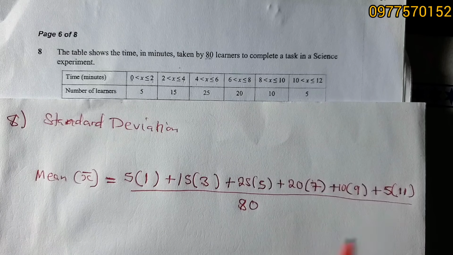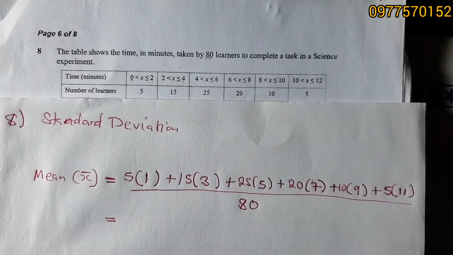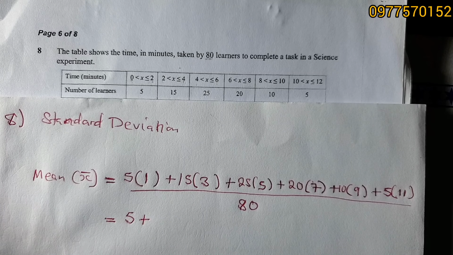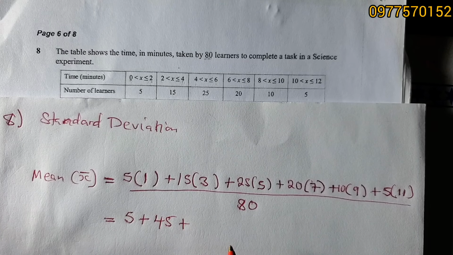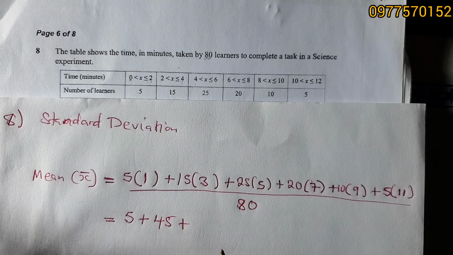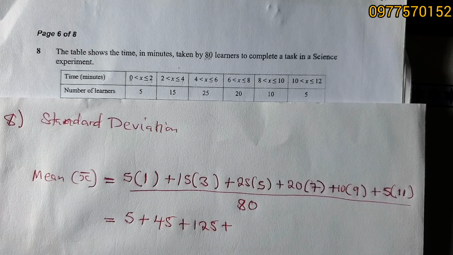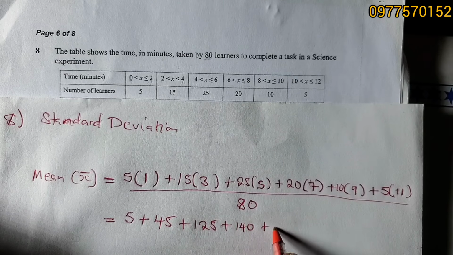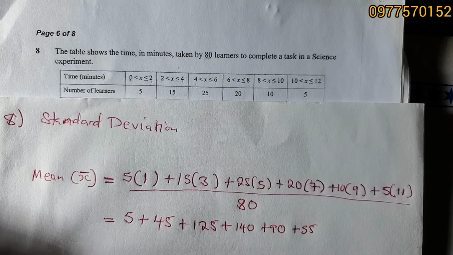Now you can calculate. Let's calculate. 5 times 1 is 5, plus 15 times 3 is 45. 45 plus 25 times 5 is 125, plus 20 times 7 is 140, plus 10 times 9 is 90, plus 5 times 11 is 55.